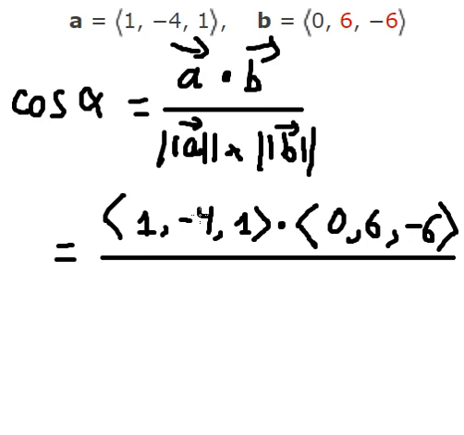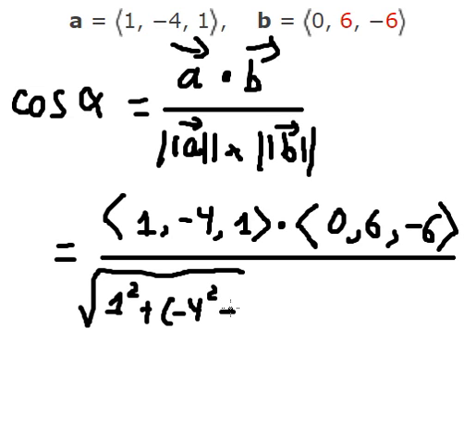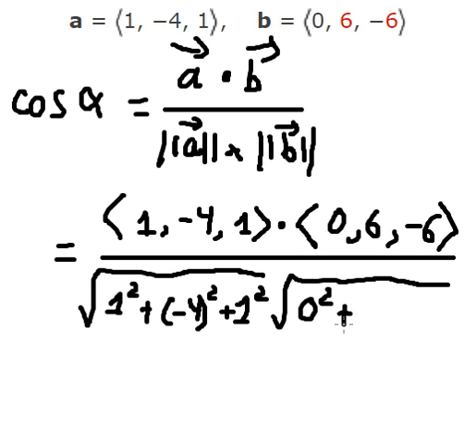So about vector A, we have the square root of 1 squared plus (-4) to the power of 2 plus 1 squared. And the second one, we have 0 squared plus 6 to the power of 2 plus (-6) to the power of 2.